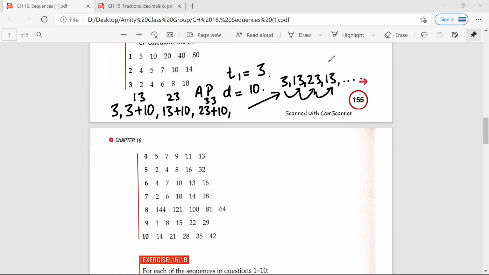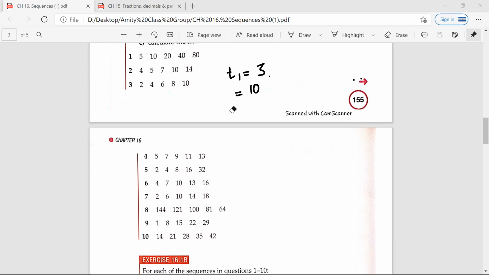Now let us assume that I want to make a geometric progression where the first term is 3 and the common ratio is 10. To find the second term, I'll multiply the first term by the common ratio, 3 into 10.